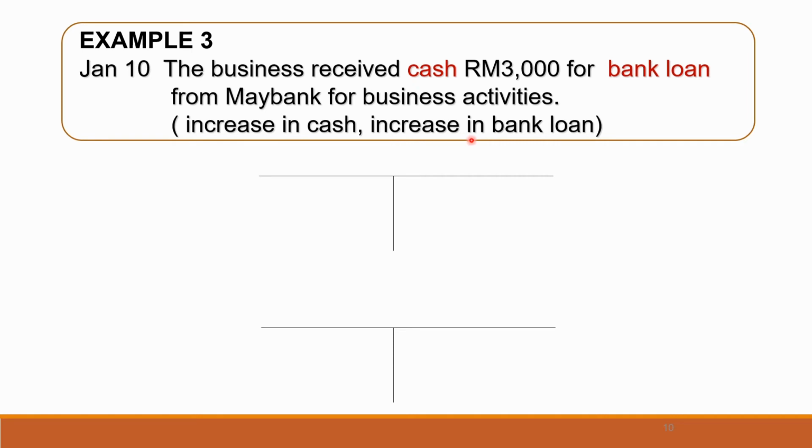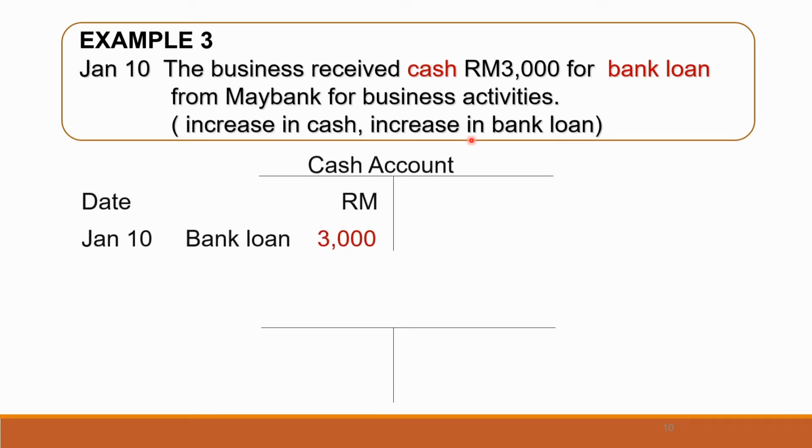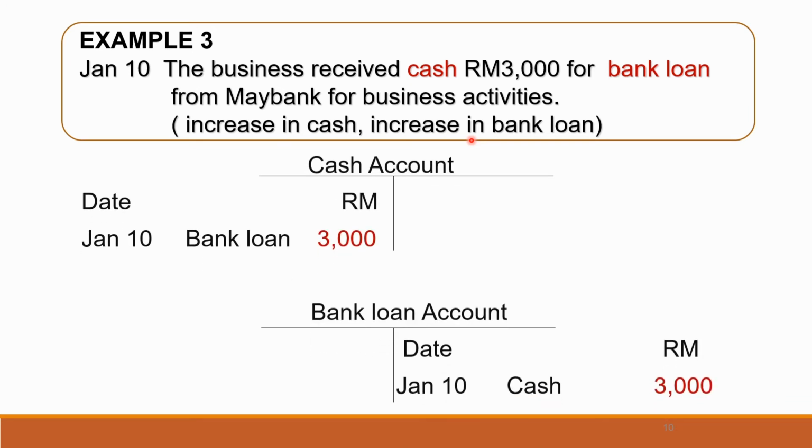So we must involve two accounts. First account relates to cash account and another one relates to bank loan. So debit cash account because it will increase in cash, and credit bank loan because it will increase liability of bank loan.